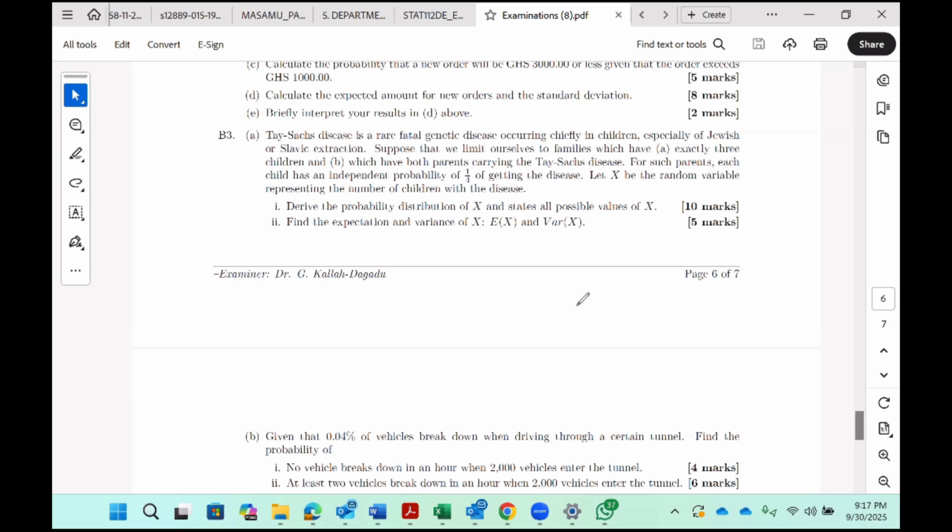And if you have to find the expectation and variance, you also know how to find that. If you know the distribution, you only state the expectation for that distribution, and that is all.